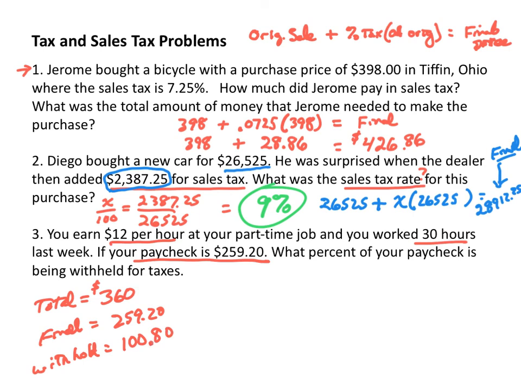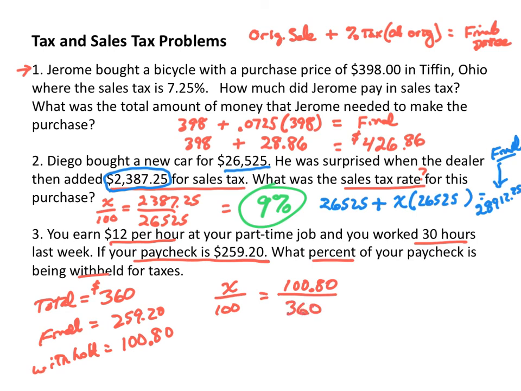Okay. Now that I know all 3 of those, I can use a proportion. That would be the percent, our x, over 100. And the percent is the percent being withheld. So across from the percent on the other side of the equal sign, I need the amount withheld, $100.80, if I did that subtraction correctly. And the total amount is the original amount that the paycheck would have been if they hadn't withheld anything. That would be $360.